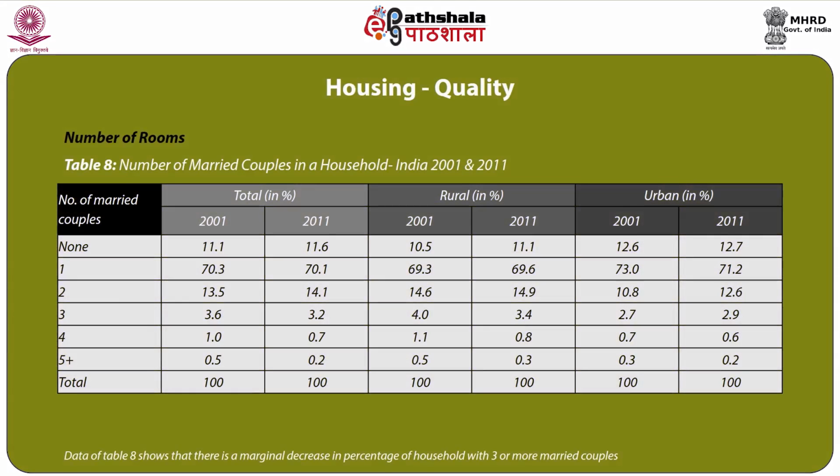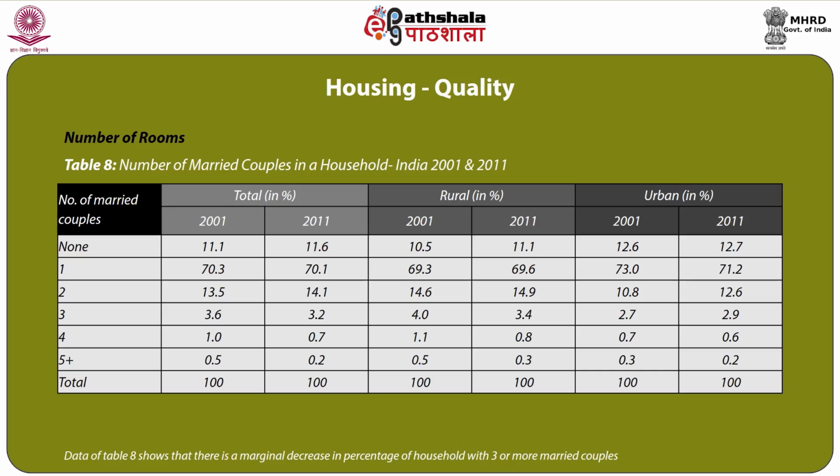Table number 8, number of married couples in a household, 2001 and 2011. The number of married couples is categorized as none, 1, 2, 3, 4 and 5 and above. In total, we can see that only in case of number of married couples 2 in a household, there is a change from 13.5% in 2001 to 14.1% in 2011, while there is a reduction in households having 3 married couples from 3.6 to 3.2.